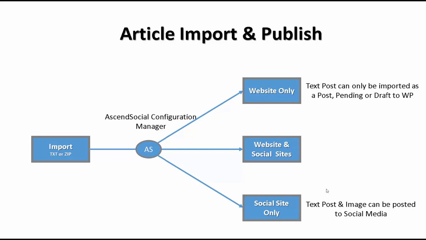However, when it comes to the social sites, you're going to be able to import the text along with the image, which is going to allow you to post that to social media. So now that you have a basic understanding of how the import section works, let's get ready to actually do a post to WordPress and to the social sites.